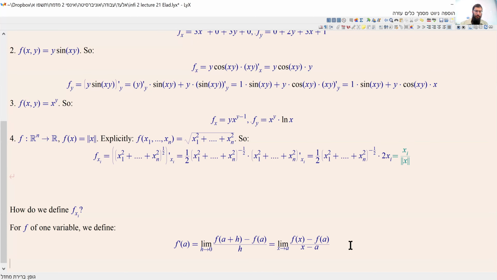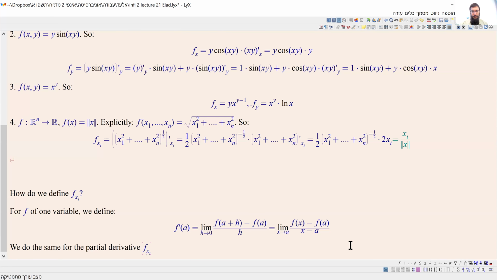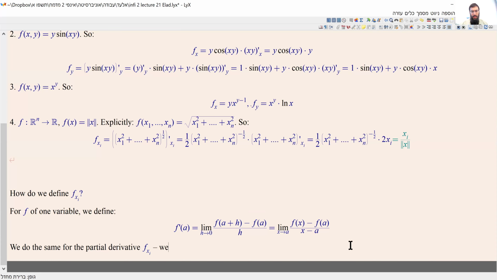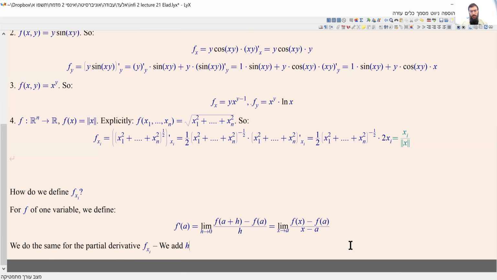Now, we do the same for the partial derivative f_xi. We add h to the i coordinate. We know how to denote it mathematically.